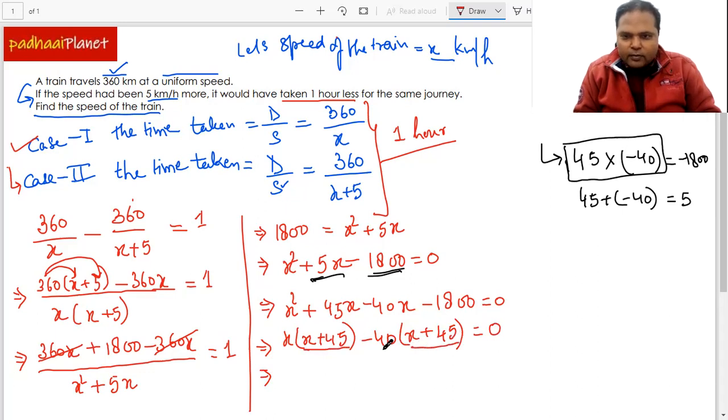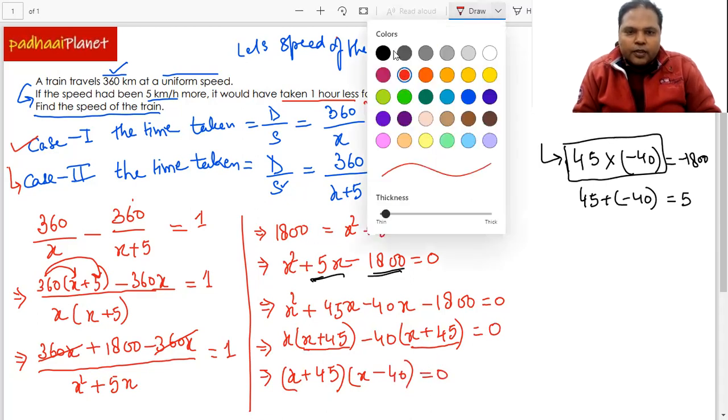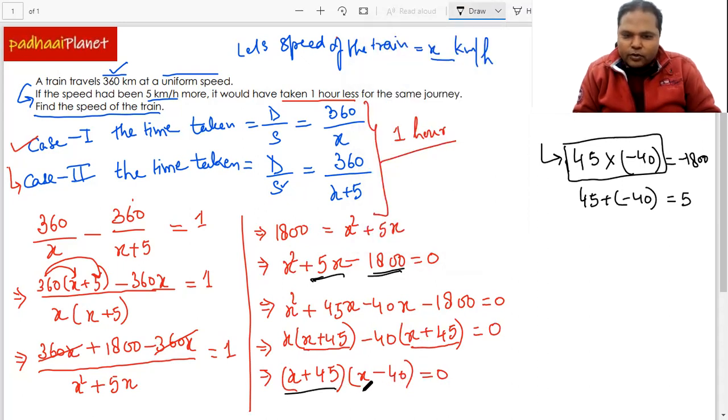This is available in both the terms, so we take this entire bracket as common and we get x plus 45 and x minus 40, and all of it is equal to 0. Now, we know that when we have the factors clear, either this part is equal to 0 or this part is equal to 0.